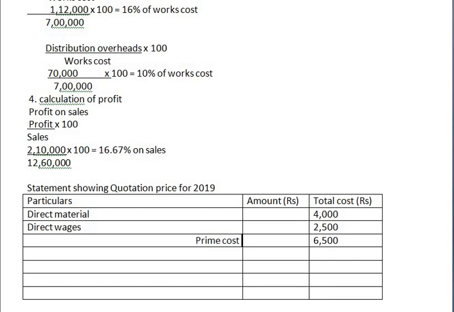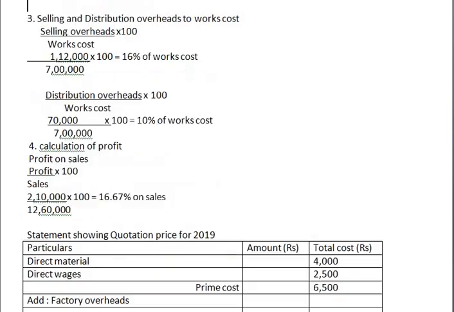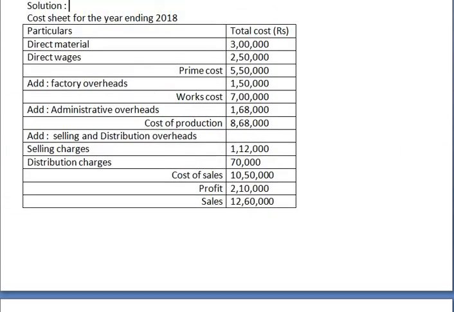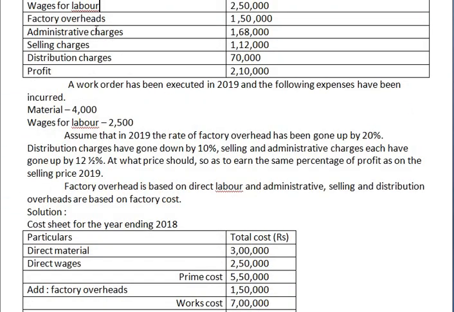Okay, now to calculate other things, already we have calculated the percentages. Now what we will do next is add factory overheads. Apart from this, there is some other information also given in the problem. Assume that in 2019 the rate of factory overheads has gone up by 20%.